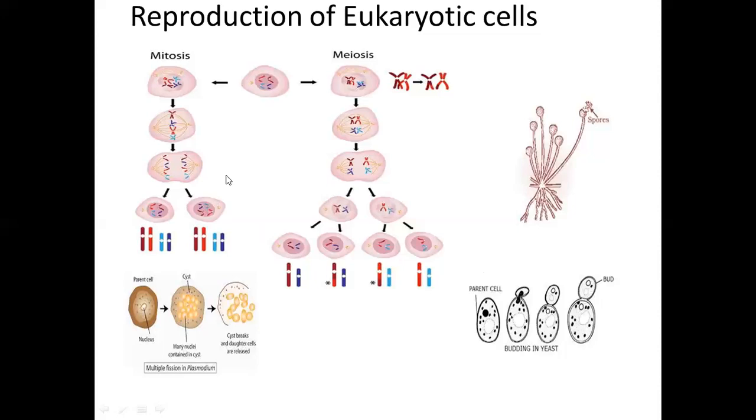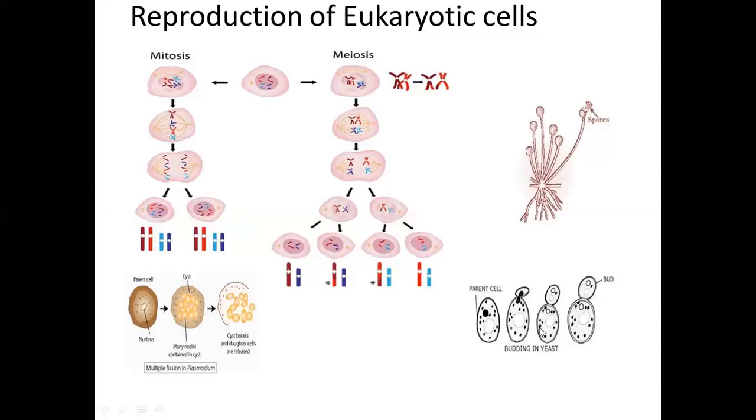And then we also have the process of budding, which usually happens in organisms such as unicellular fungal cells, and also in some protists or protozoa. They can divide via budding. Simply a bud comes out and then it separates.